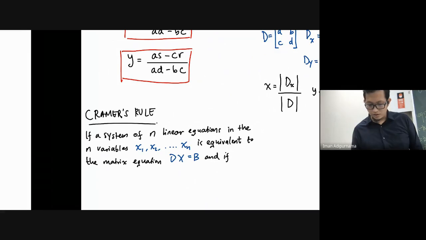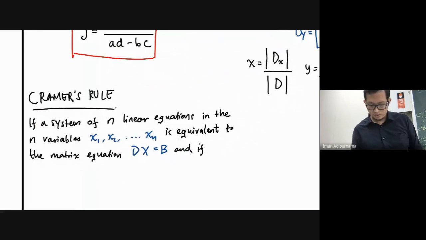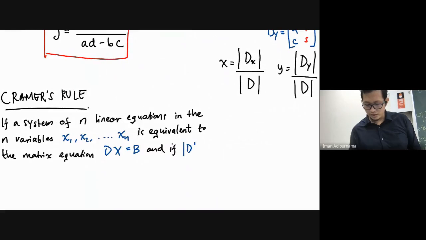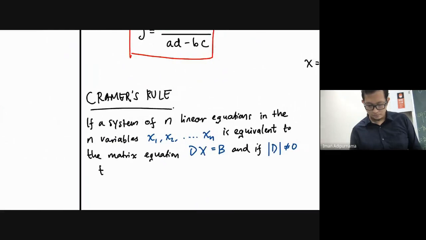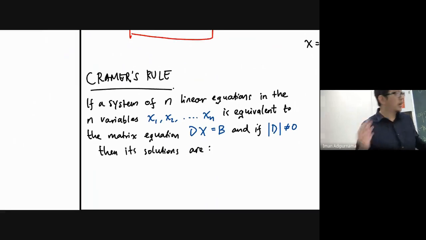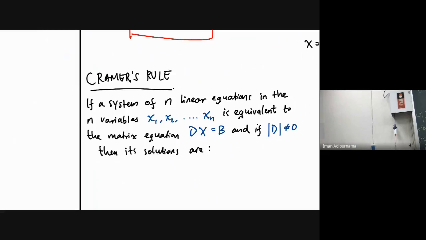And if the determinant of D is not 0, then its solutions are, okay, now we are using n variables, meaning it can be x, y, z, and any number of variables you can put in.